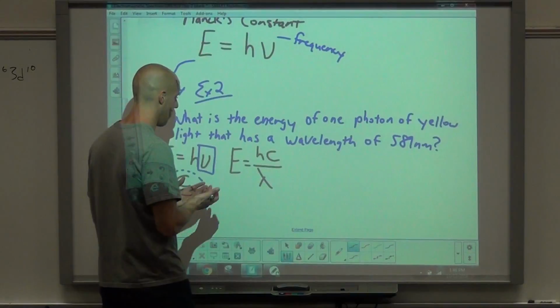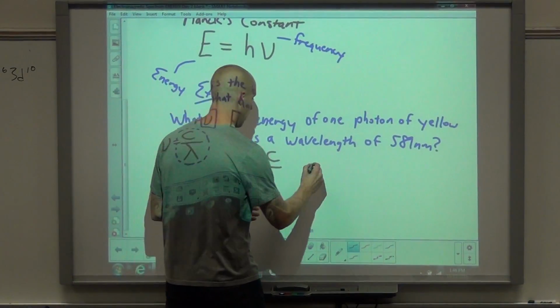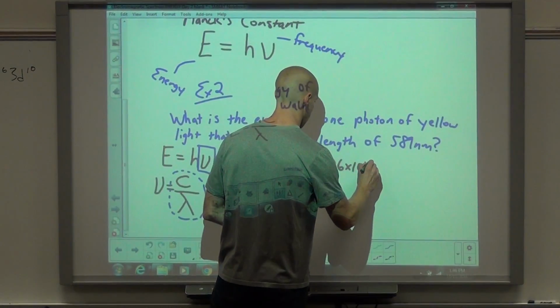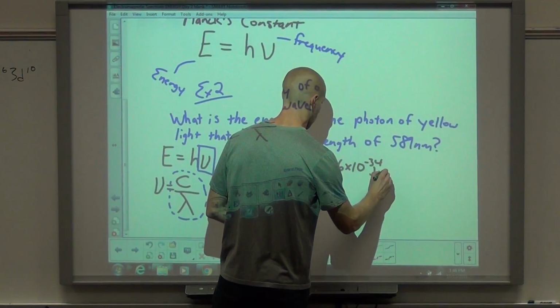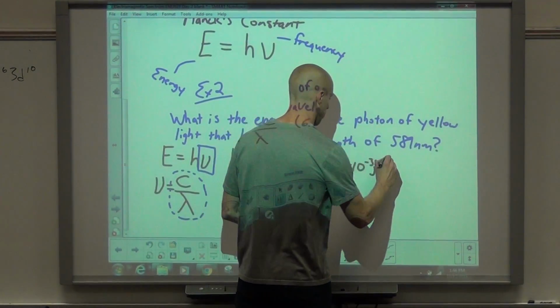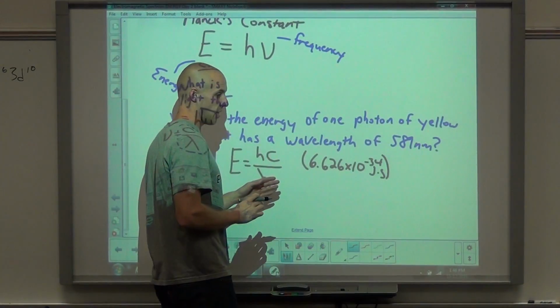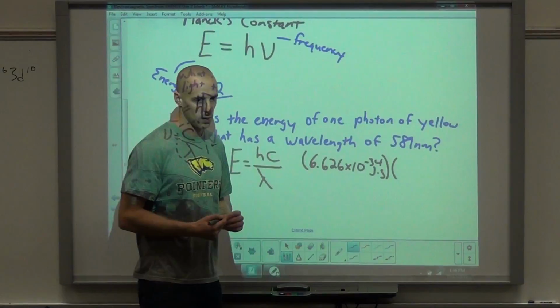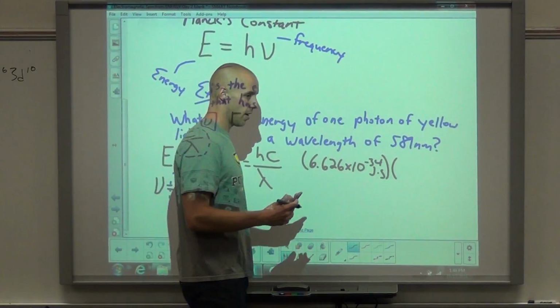So now all we're going to do is plug in values here. We literally have energy equals Planck's constant. Planck's constant is 6.626 times 10 to the minus 34, and that's joules times seconds. You're going to multiply that by the speed of light. Here we're using a wavelength in nanometers, so we can use the speed of light in nanometers per second.